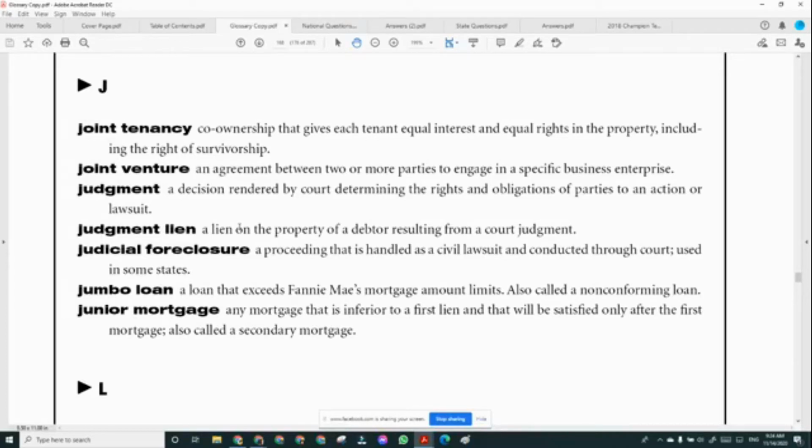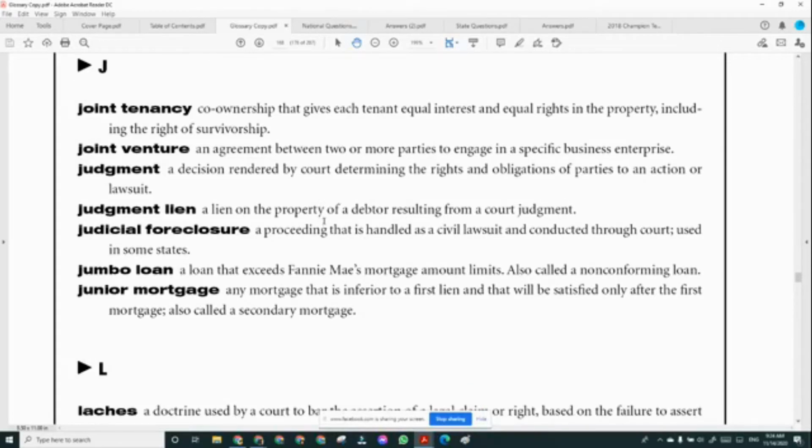It could be child support, spousal support, those types of judgments. And they can be attached, okay, to a property, and it'll be recorded in the title. In order to be able to sell a property, those have to be taken care of, or they have to be removed, okay? That becomes a cloud on the title.